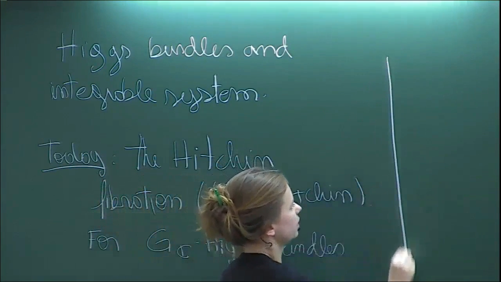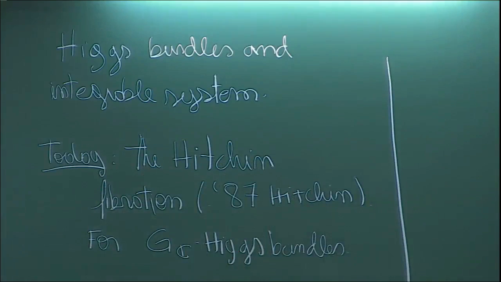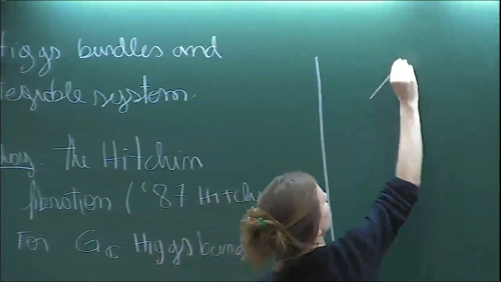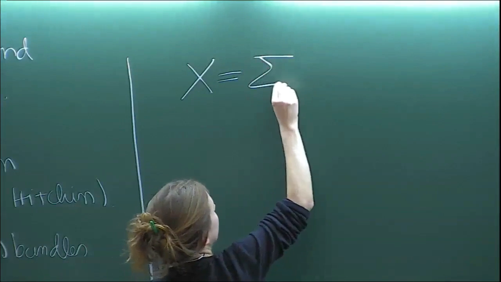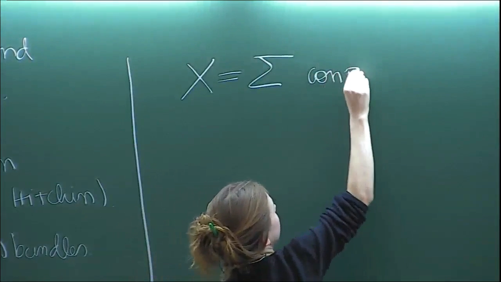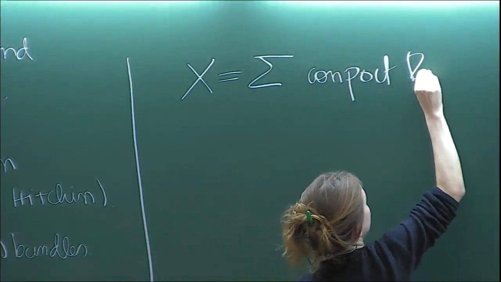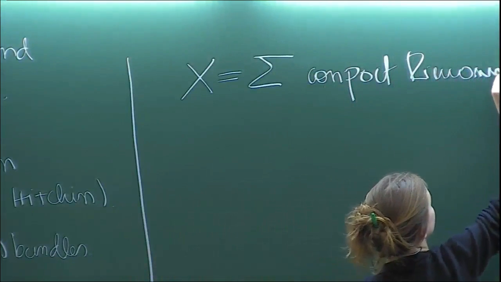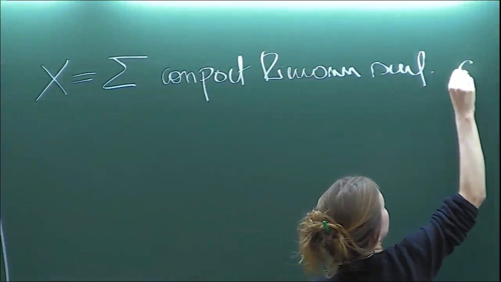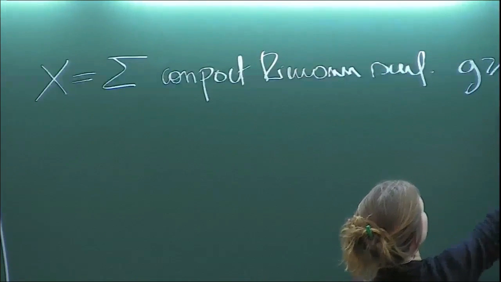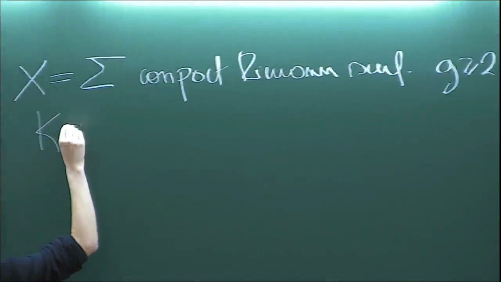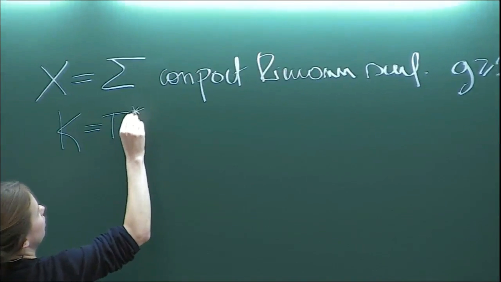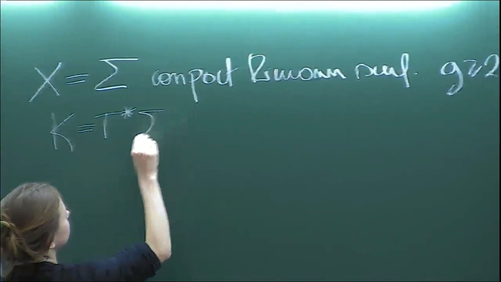So let's remind ourselves we're working on a Riemann surface which is compact. So our X from the notation from this morning is going to be a compact Riemann surface of genus at least 2 as yesterday, and we're going to call again K the cotangent bundle of the Riemann surface.